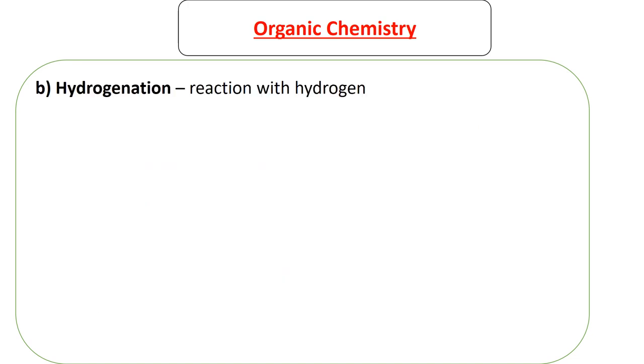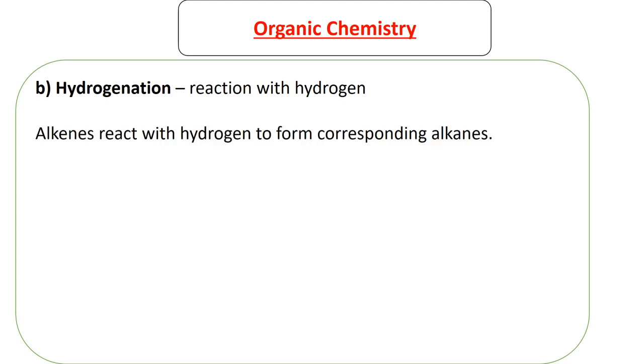The second addition reaction is hydrogenation. Hydrogenation is a reaction which basically involves hydrogen. It is an addition reaction that involves hydrogen. So alkenes react with hydrogen to form corresponding alkanes.